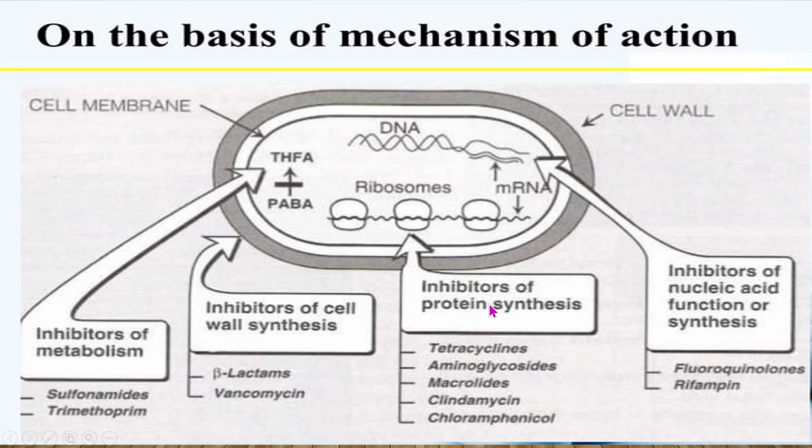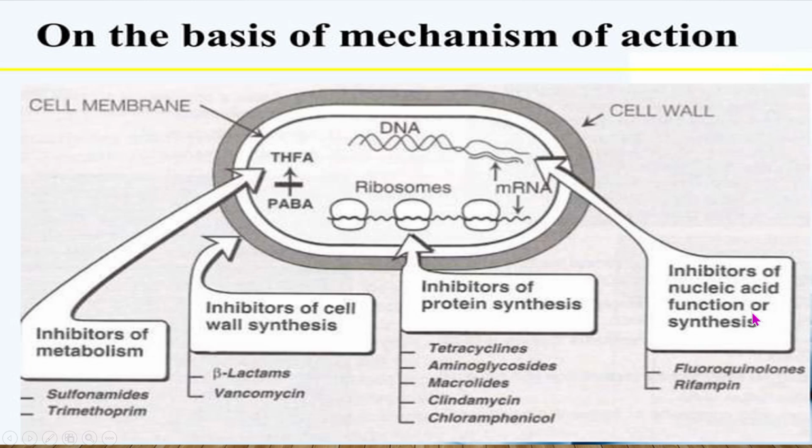Due to the inhibition of this mechanism, the mRNA is unable to synthesize the required protein, because those antibiotics interfere in the procedure of protein synthesis. What are the categories of compounds which stop this protein synthesis mechanism? Tetracycline, aminoglycoside, macrolide antibiotics, clindamycin and chloramphenicol. So these are the categories of compounds inhibiting protein synthesis.